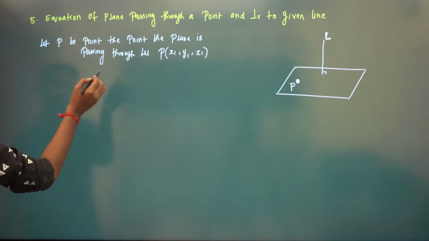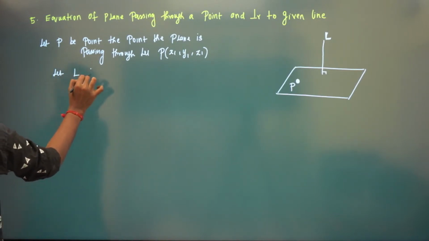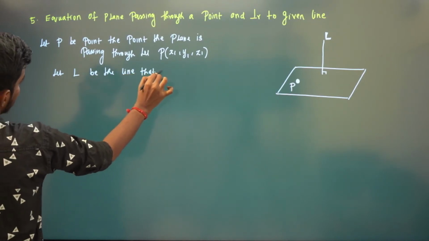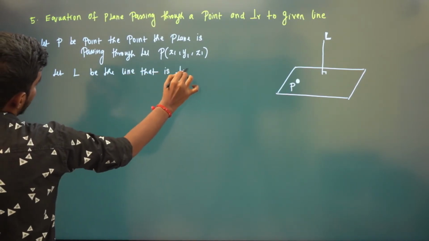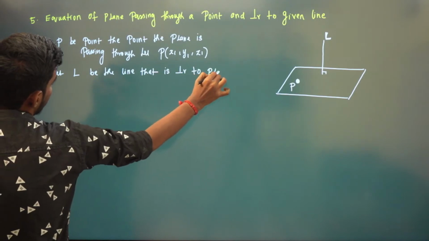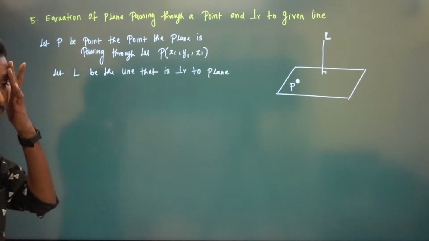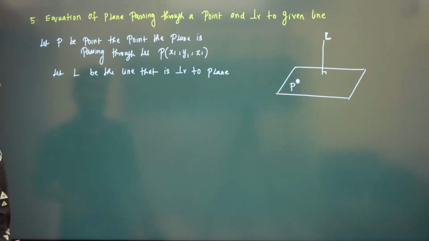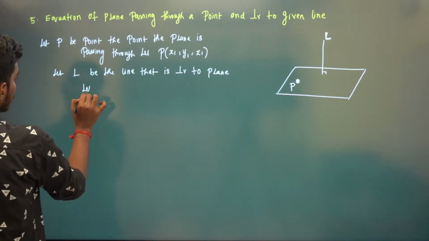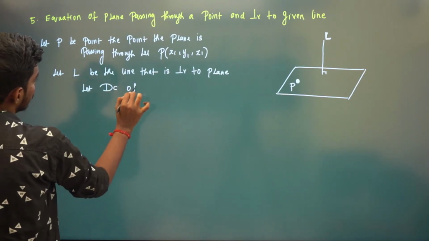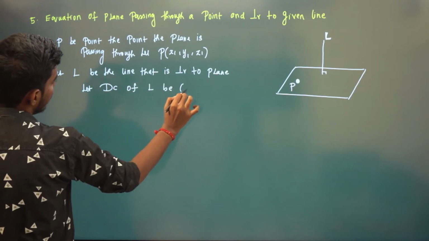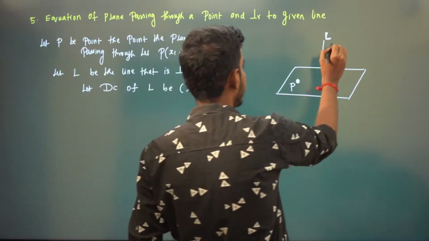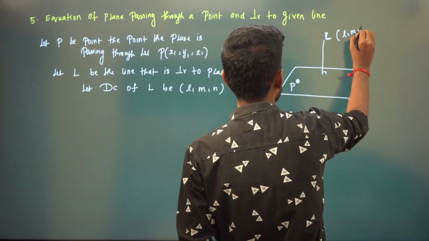And let L be the line that is perpendicular to the plane. Now let us assume the direction cosines of L are L, M, N, right?